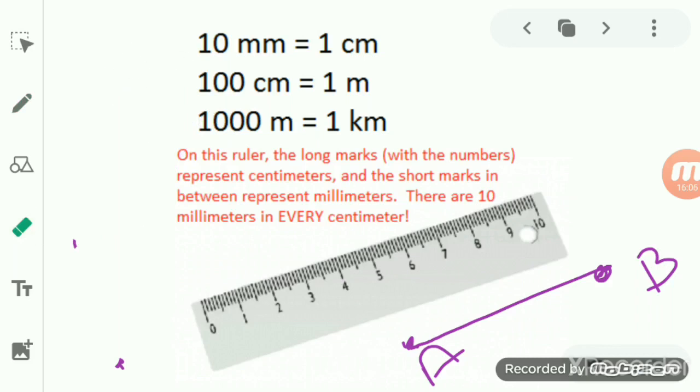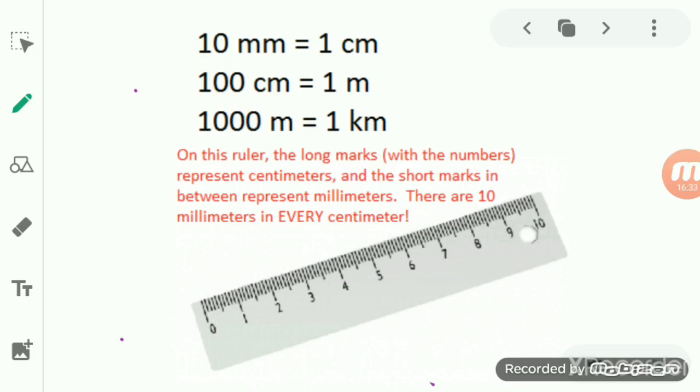Now when we talk about length, there is another term, and that is distance. Whenever we say that we have to cover this much length, meaning we have to go from one point to another point, we use the term length of that particular area or place. But the term we frequently use is distance.